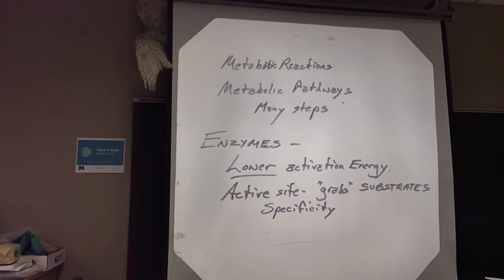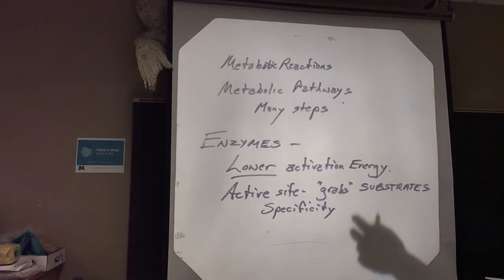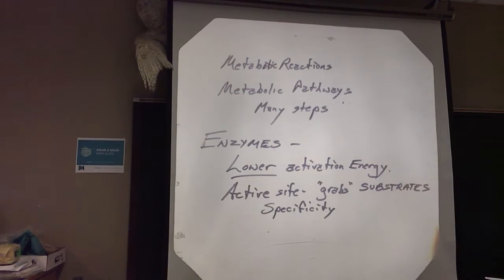Something else we talked about way back when is specificity. How specific is the enzyme to the reactants, to the substrates? Will it grab only one particular type of substrate, or will it grab some similar shaped ones? And that can become a pretty big deal.